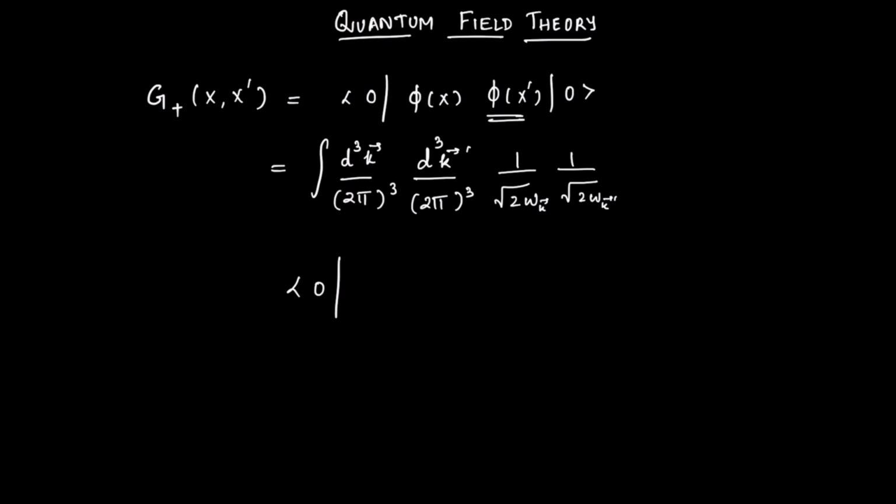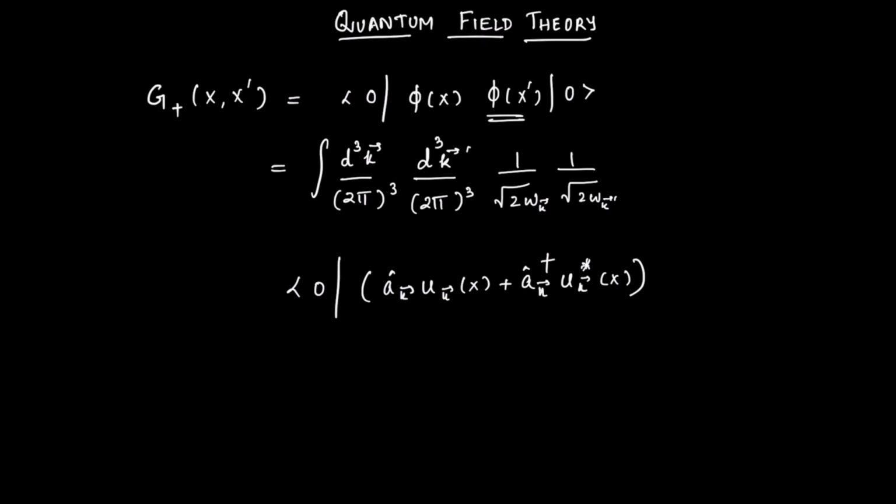Okay, first for phi of x I can write a_k u_k of x plus a_k dagger u_k star of x.